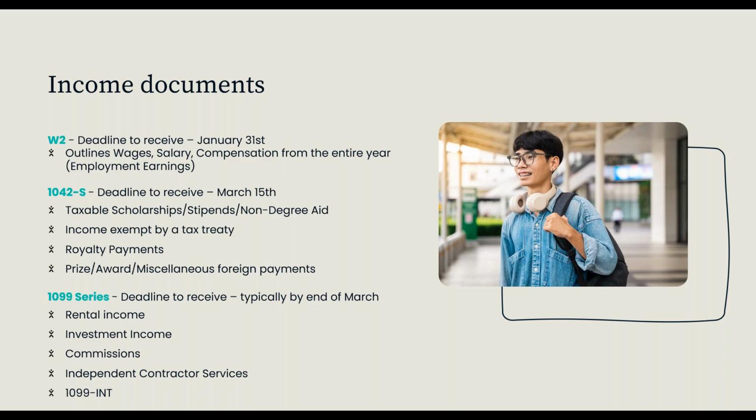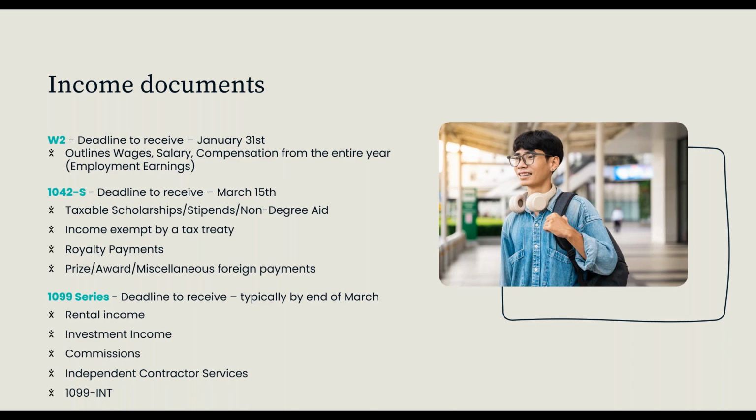And the final document then is the 1099 series document, and that covers everything that's considered miscellaneous income. So what might that be? Well, maybe it's rental income from a property that you've had on Airbnb. And in such case, if you've received income from Airbnb, then they will issue you with a 1099 series document.